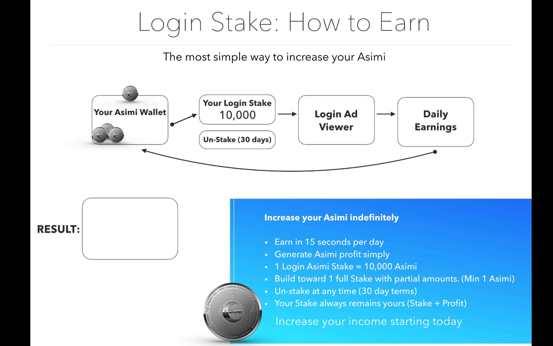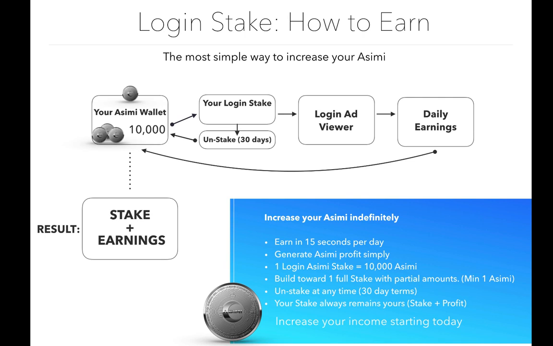When you choose to unstake your Asimi, it takes 30 days, and that's paid directly back into your Asimi wallet. So you've probably already guessed what the result of that is. It's really simple. It's your stake plus your earnings. This means that every single person that participates in the login ad stake can generate additional Asimi tokens as profit.